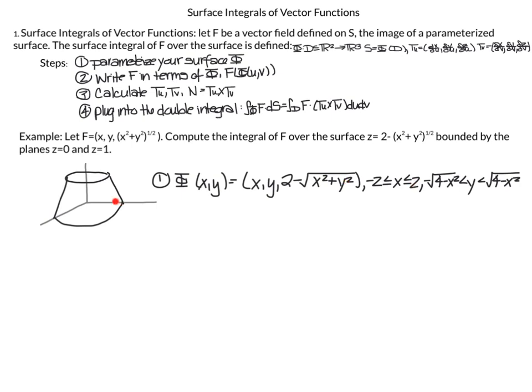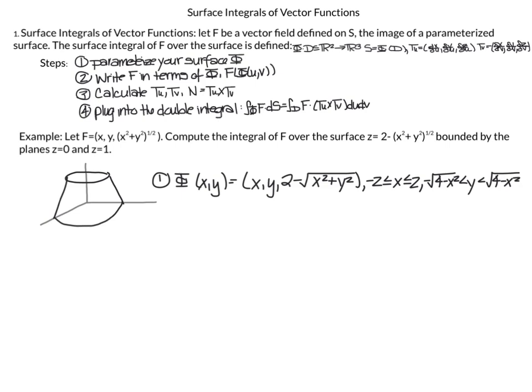Now, looking over here on my domain, x goes from negative 2 to 2, and y is the other part. It's basically using z equals 0. I plug that in here, and then I get y is equal to negative square root of 4 minus x squared to positive square root of 4 minus x squared.